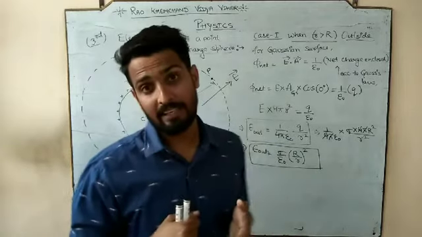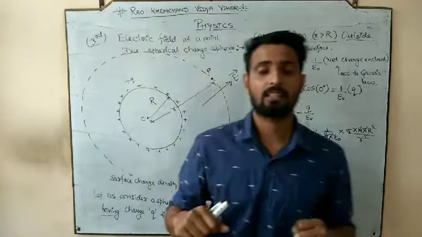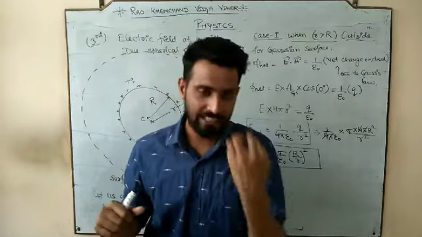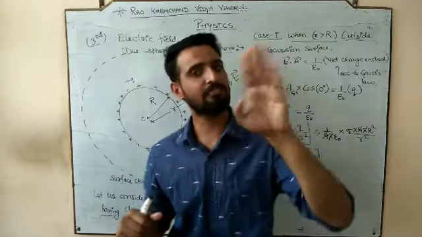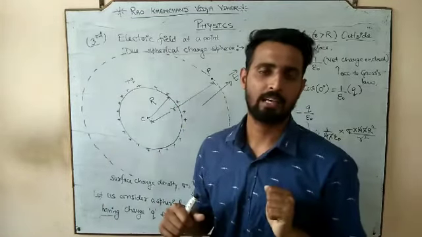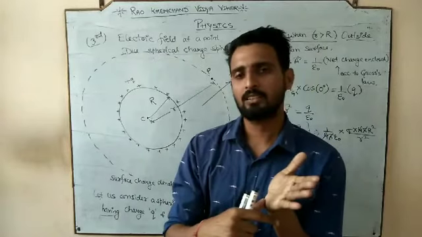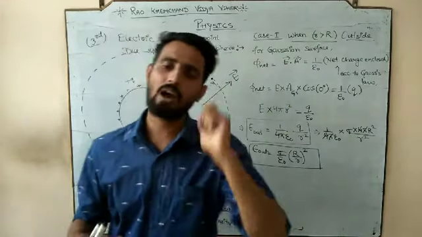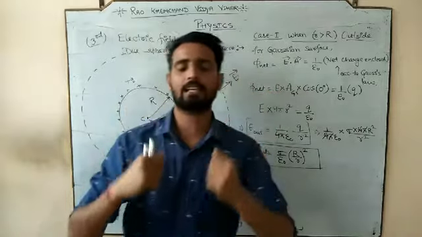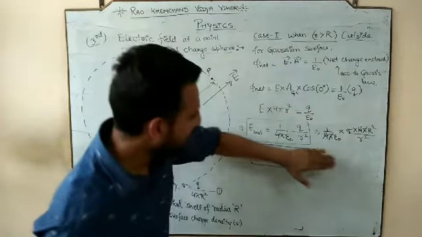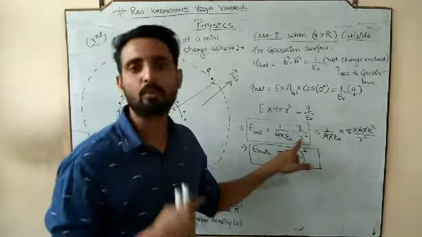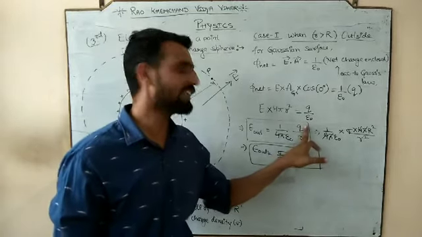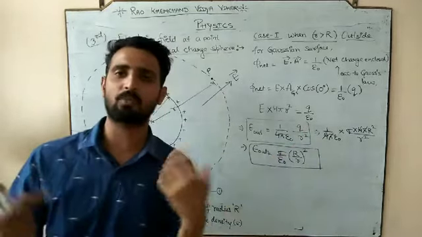But if I give you the language in this manner, a spherical shell of radius capital R and surface charge density sigma. So I am defining the radius and I am defining the surface charge density. Now I am asking you to calculate the electric field outside. In that case, you can't stop up to here because I haven't defined Q. मैंने कोई mention ही नहीं किया.